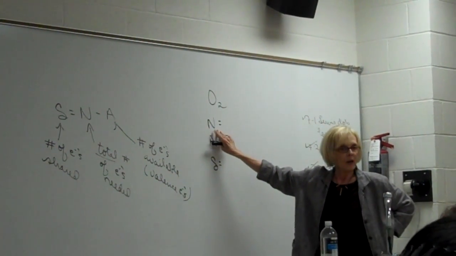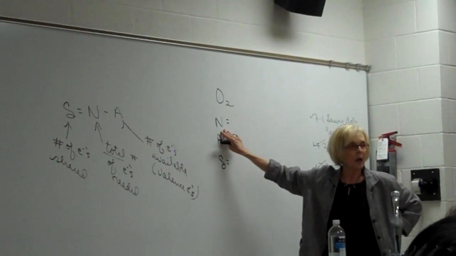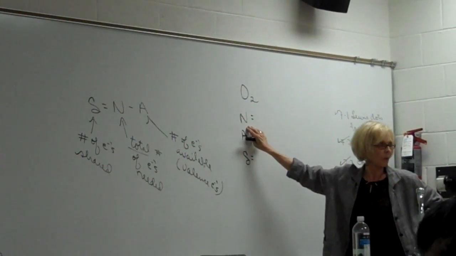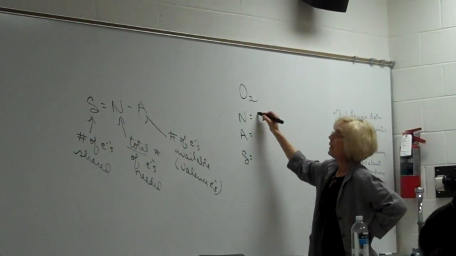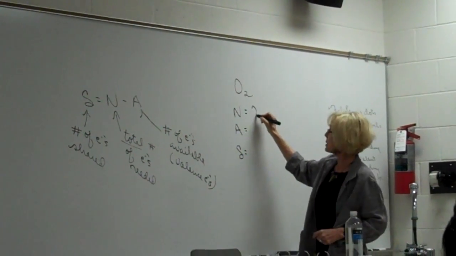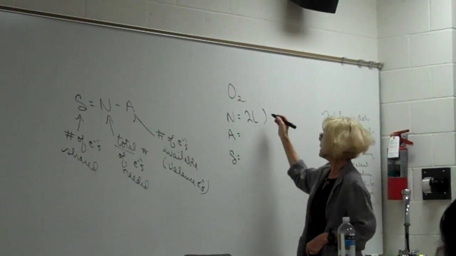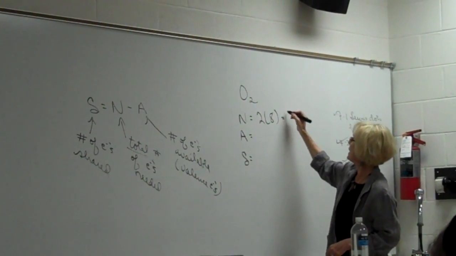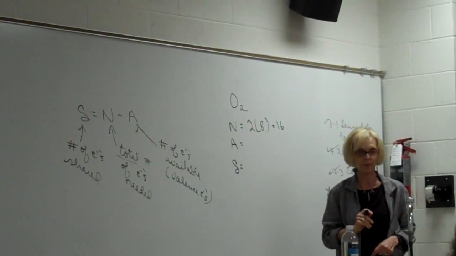An oxygen needs how many total? Meredith, what would you tell me? 8. Now, would you allow me to collect terms? Instead of saying 8 plus 8, I'm just going to say I've got 2 and they each need 8, so the need here is 16.